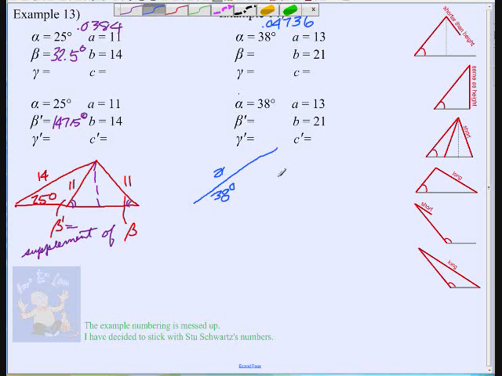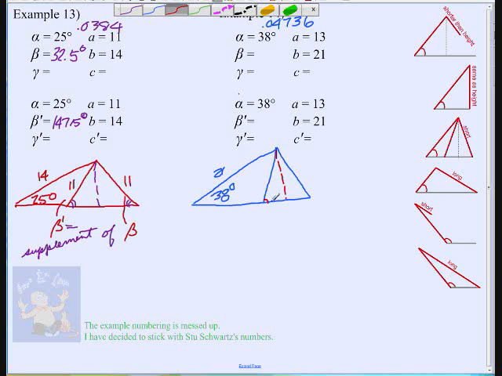That's pretty long. And A is 13. So I draw in my bisector.